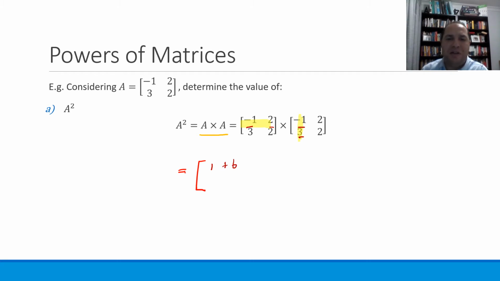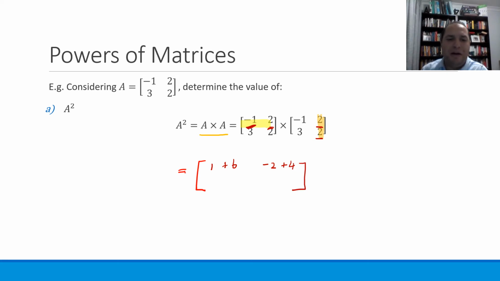That goes in position 1,1 because it's first row and first column. Now first row and second column goes in the next cell across. Once again we'll have -1 times +2, which is -2, and then +2 times +2, which gives us +4.